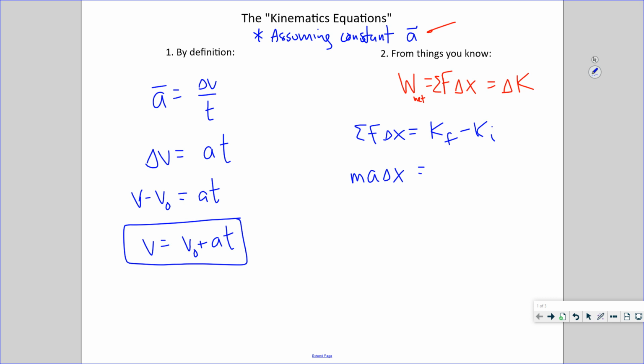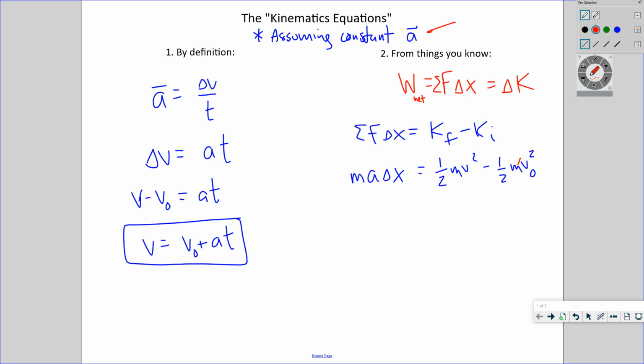And here's K final, 1/2 M V final squared minus 1/2 M V initial squared, except I'm supposed to use College Board notation where we don't use F and I, we use no subscript and naught.